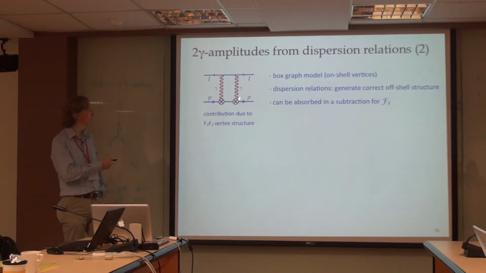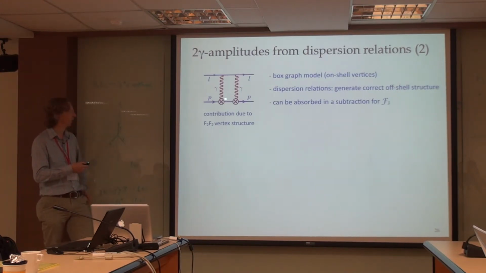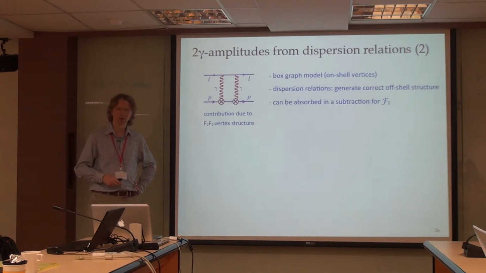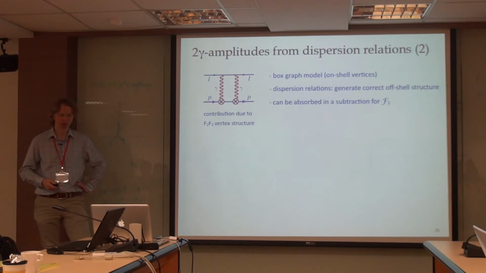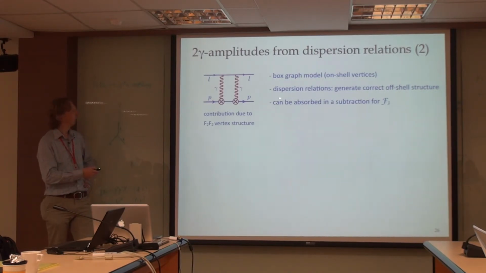Namely, if you do a box diagram calculation, but not with point-like couplings, but with couplings which involve form factors. In general, such a calculation is not guaranteed to give you the right result, because it would qualify as a model calculation. And that's basically what had been done before for such box diagram calculations.